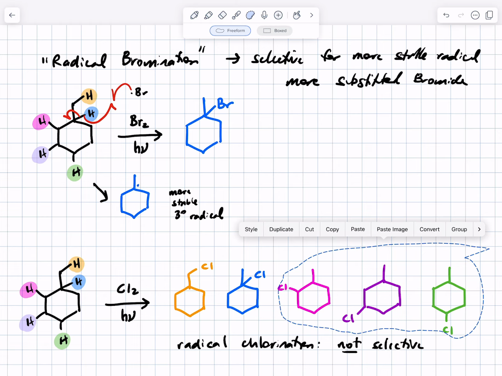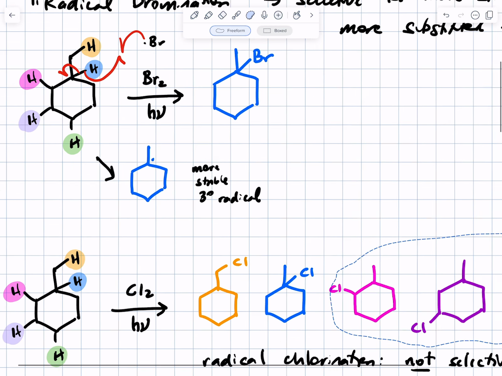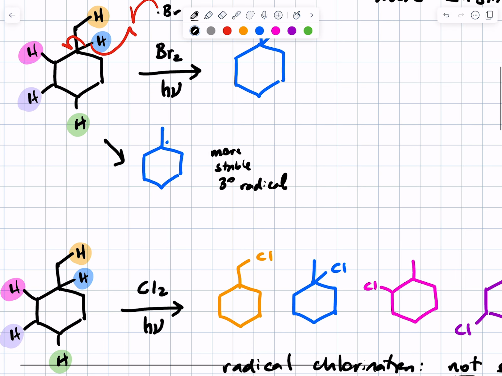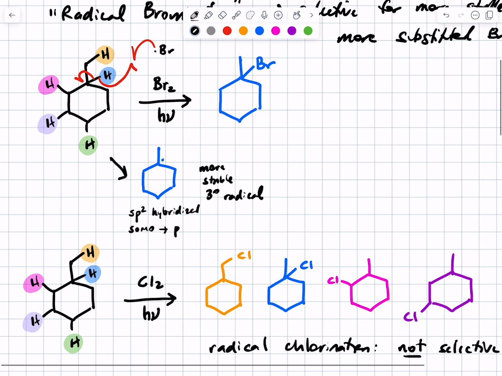And the reason I am doing that is because you learned that the radical is sp2 hybridized at the carbon-centered radical. The singly occupied molecular orbital is a p orbital, and that addition step can happen from above or below.